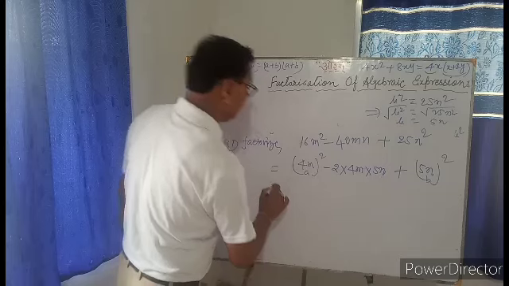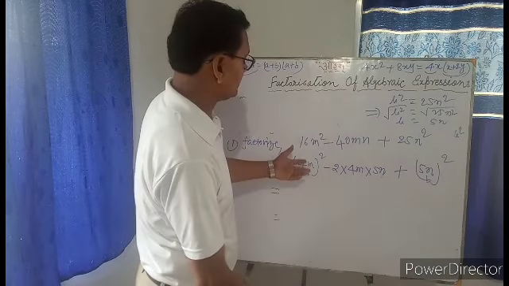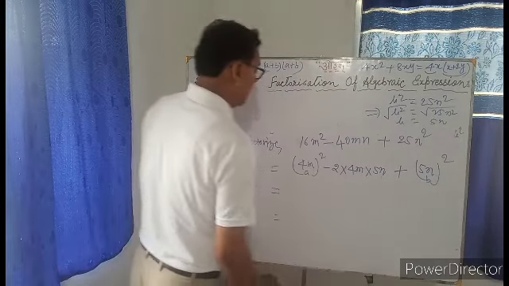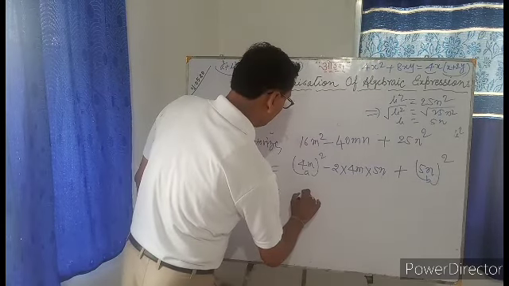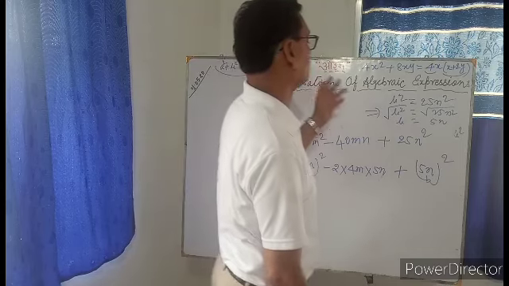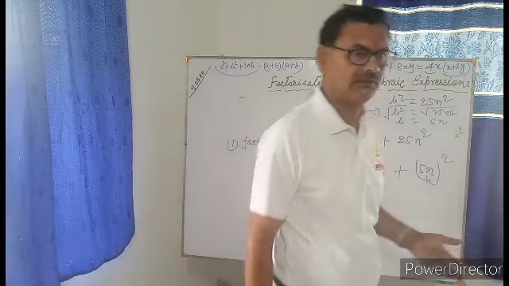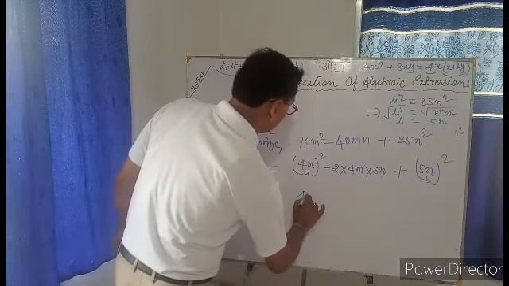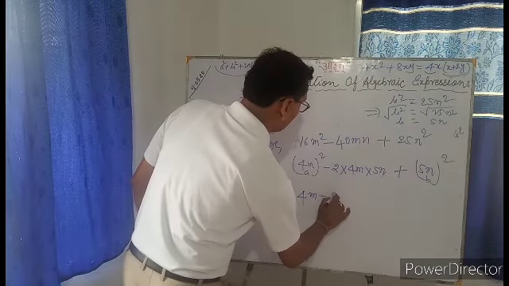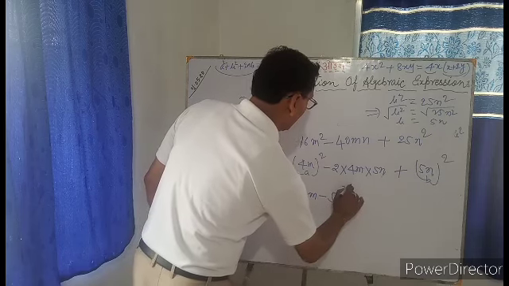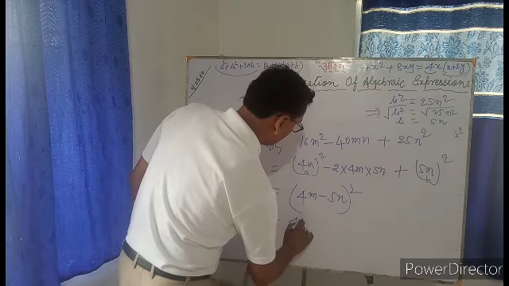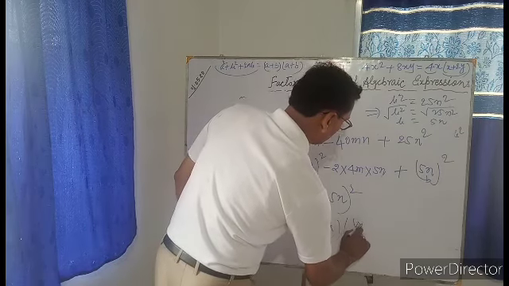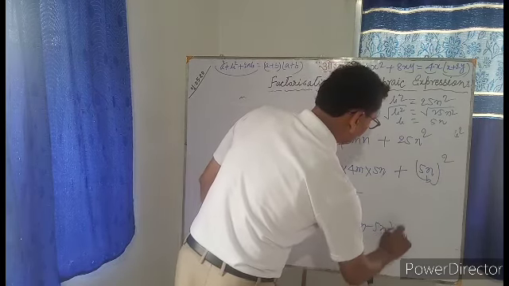And now this has come on the pattern a square minus 2ab plus b square, है ना. तो इसको लिख सकते हैं a square minus 2ab plus b square equal to a minus b whole square, therefore it is 4m minus 5n whole square, and it can further be written (4m minus 5n) into (4m minus 5n).